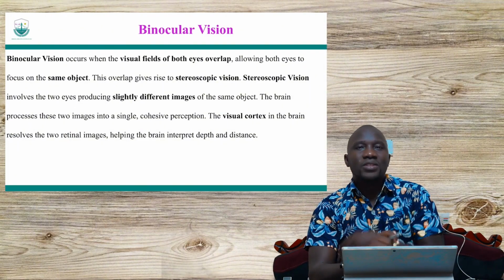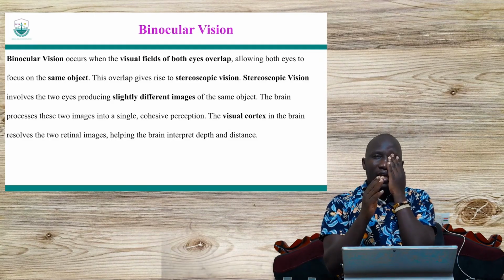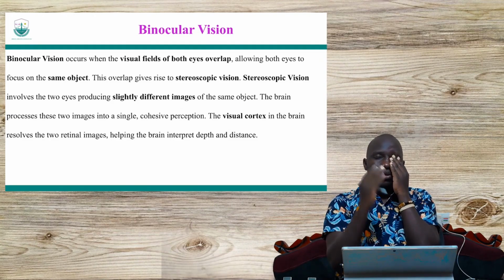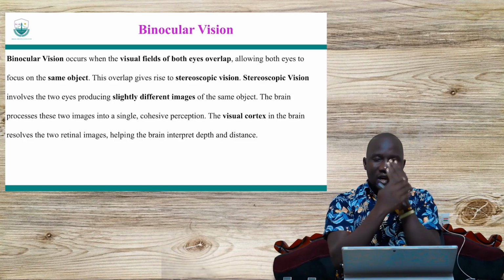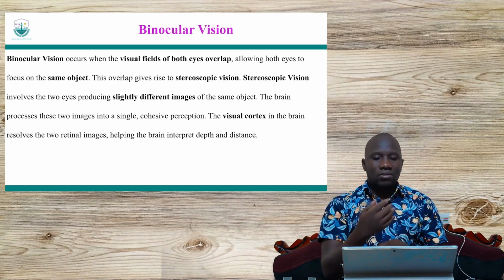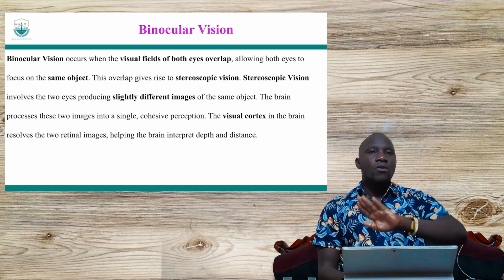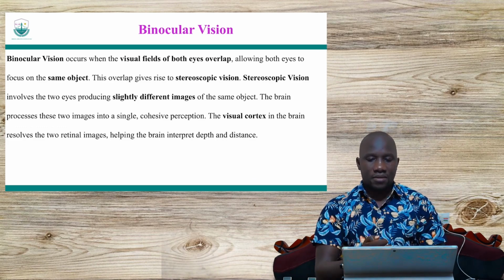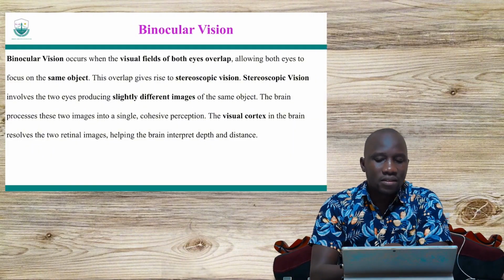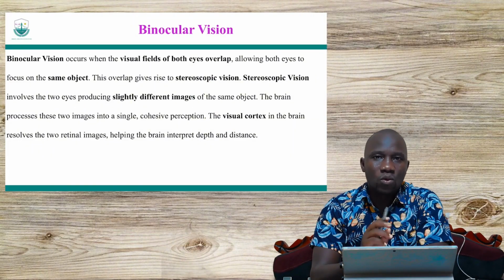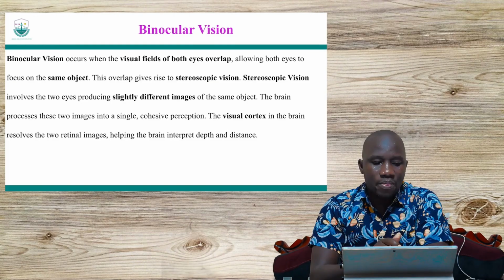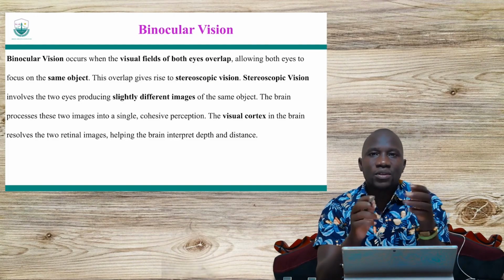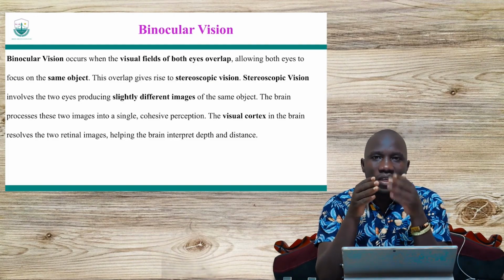Okay, so there is no distinction that if you close this eye, this is where it will stop. You will see that the one eye that is open overlaps the visual field of the other eye. So that means that when looking at an object, both eyes can help in focusing that object.